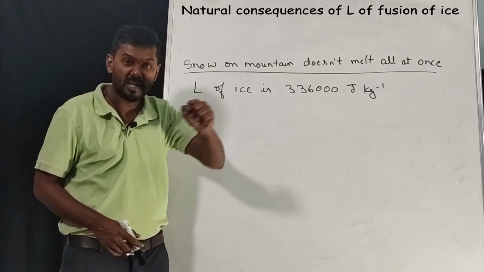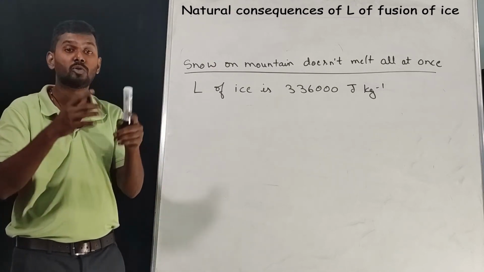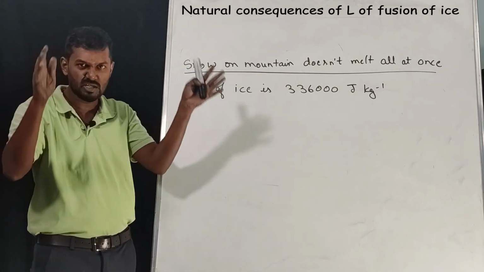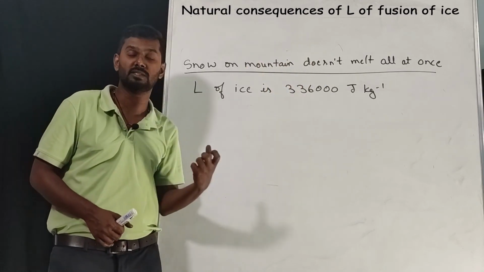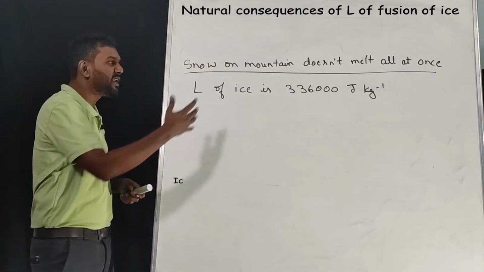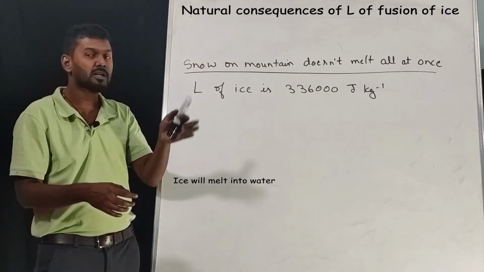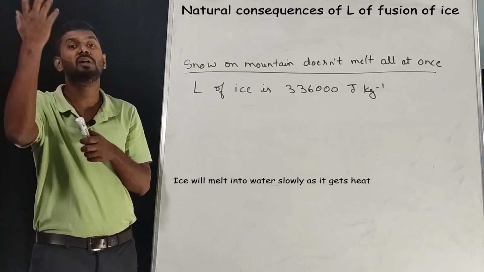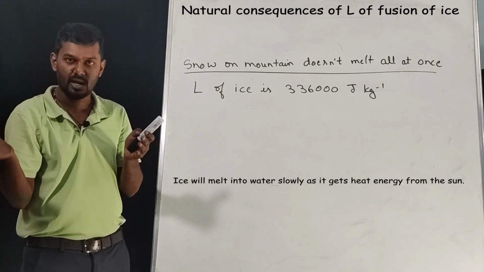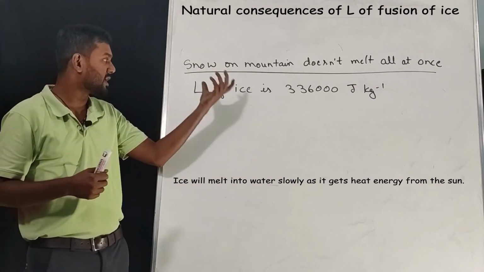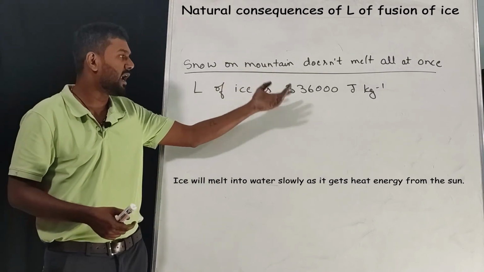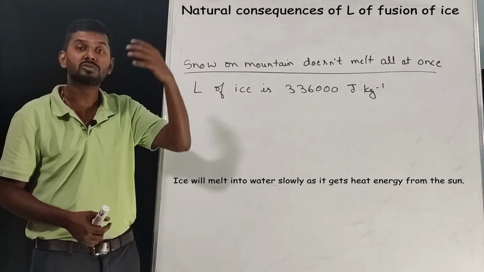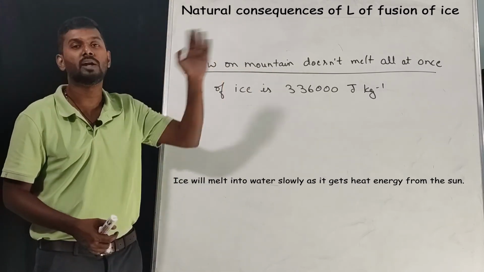To melt 1 kg of ice, it requires 336,000 joules of heat energy. So why does the snow melt? Because it is getting heat energy from the sun. When the sun rises, the ice will absorb heat energy slowly, so the snow melts slowly. It will not melt all at a time.